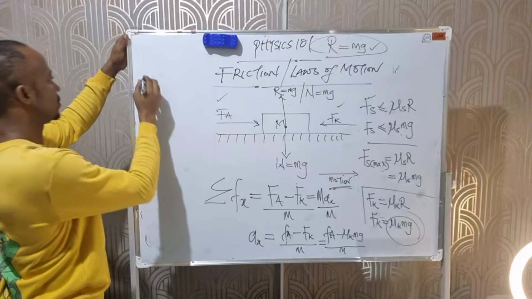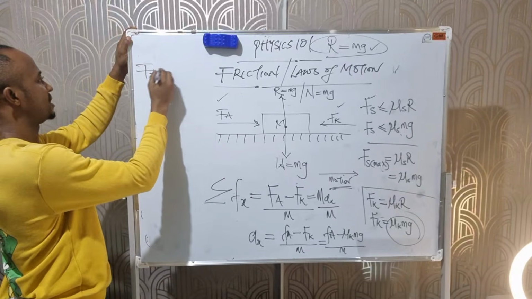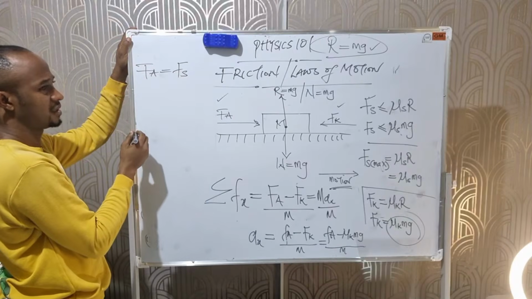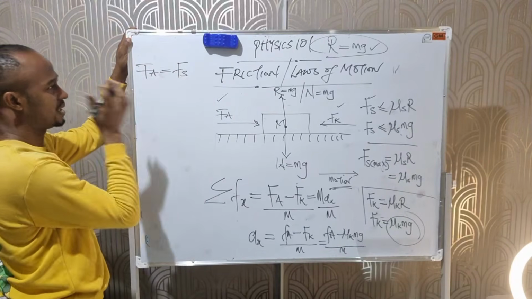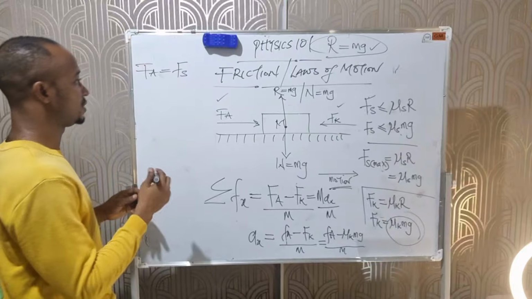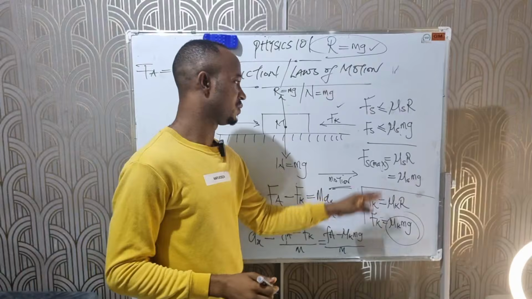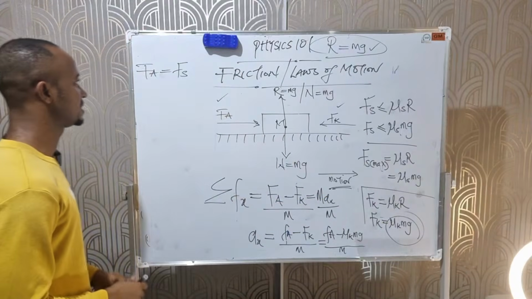We talked about when the applied force equals the static frictional force. When these two forces are equal, we say the body will just start to move. So the body possesses maximum static frictional force.